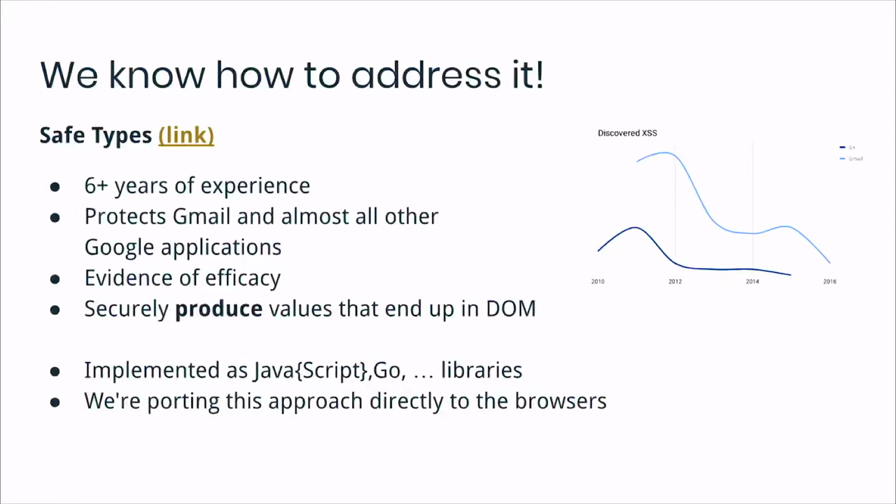Thankfully, we also do know how to address it. In Google, for a couple of years, we have used an approach called safe types. It protects virtually all of our core applications, like Google Docs, Gmail, all of that. We have evidence of the efficacy of this solution.